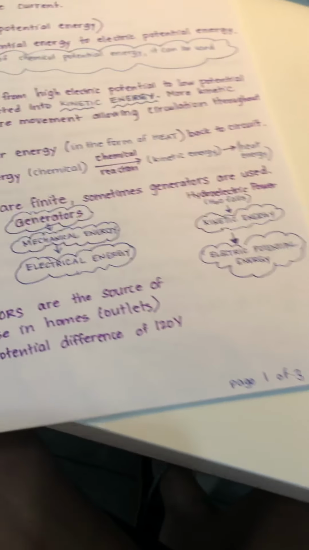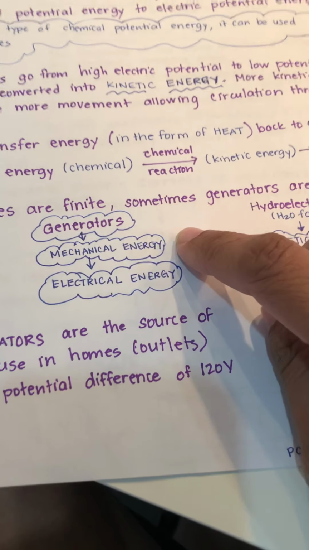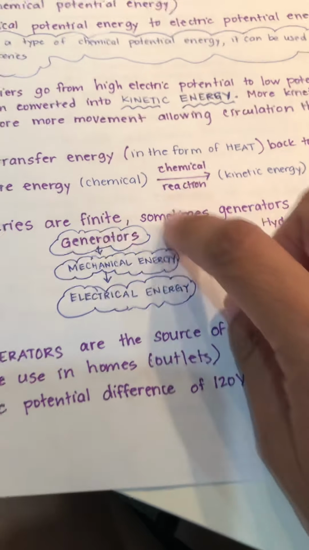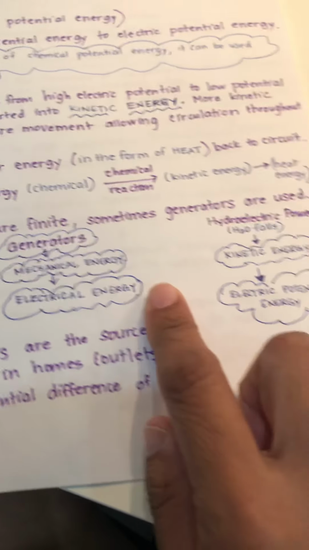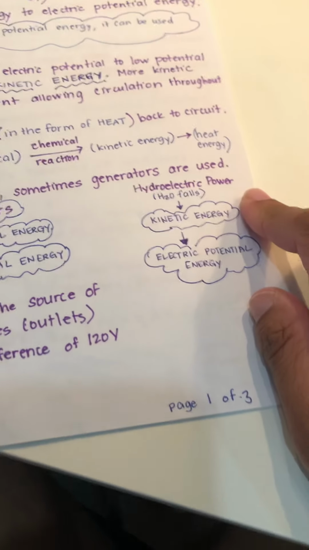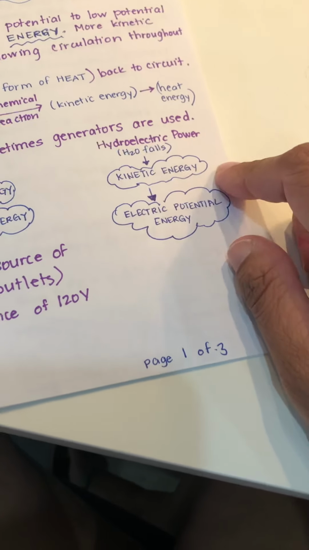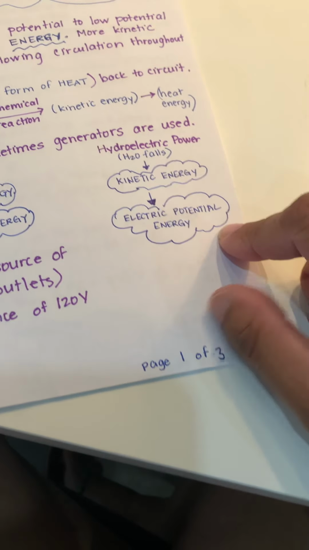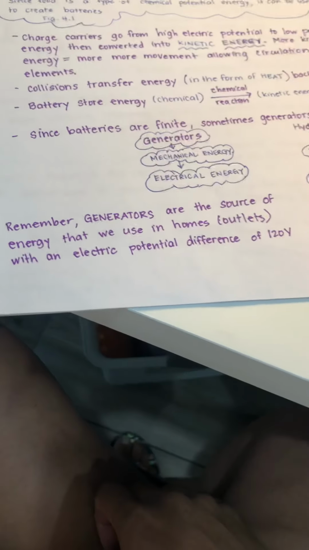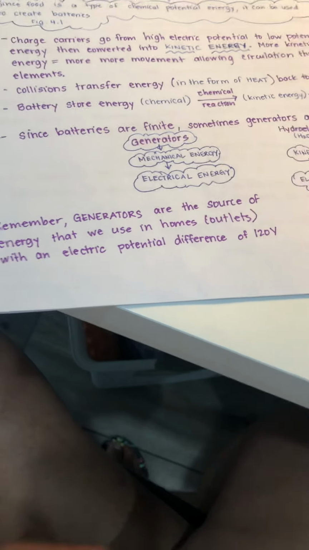Sometimes we use generators. So when we have generators, we have mechanical energy that goes into electric energy. Now, hydroelectric power is a little bit different. They use water from falls, which is basically kinetic energy, and then that changes into electrical potential energy. So when we're at home, we are actually using generators. That's the source of our energy.